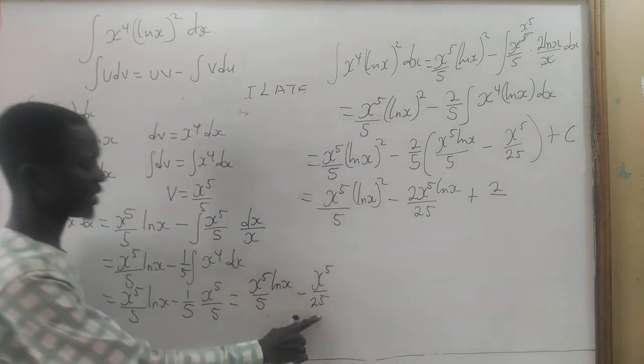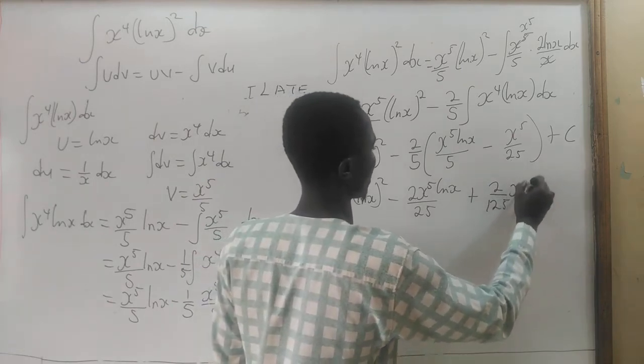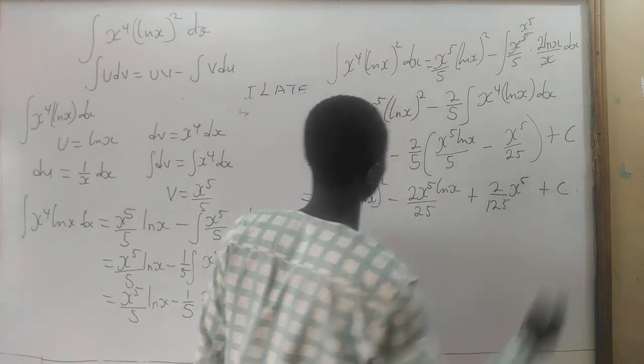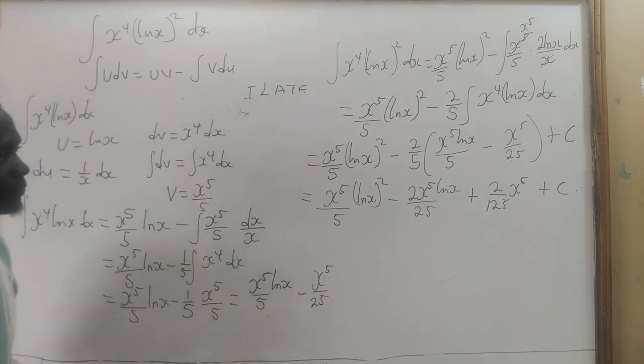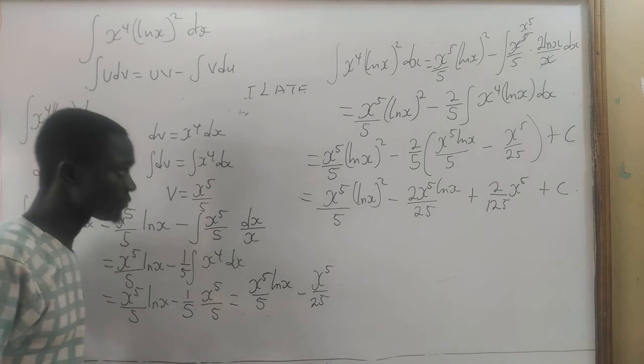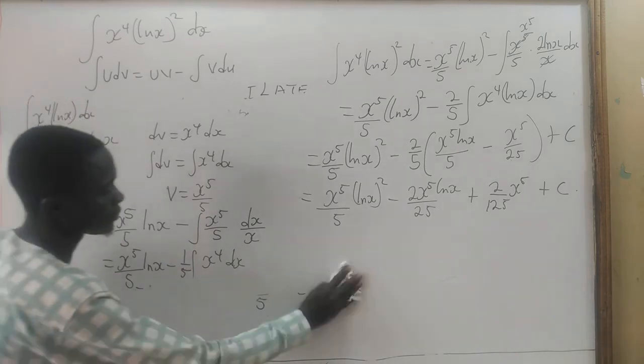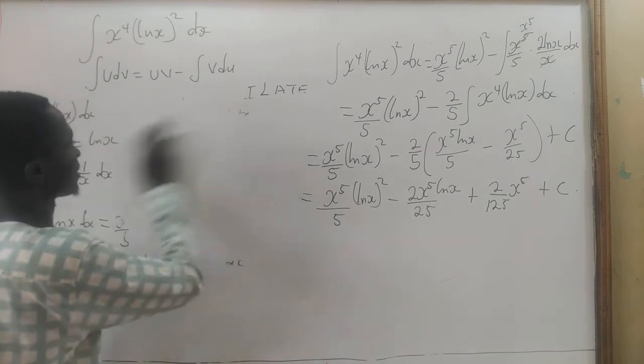Yeah, it is 25 and 5. So you have 2 on 125 x to the power 5 plus c as our final answer. Very nice question with a nice solution. And let's take the next question.